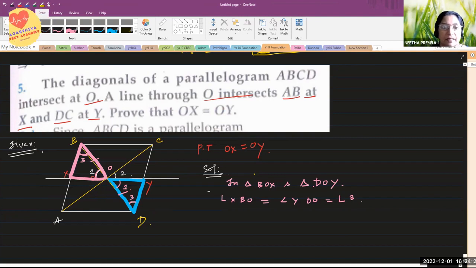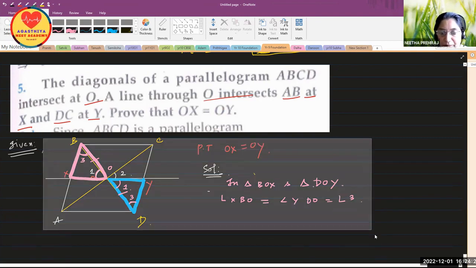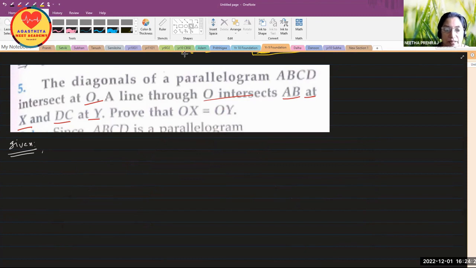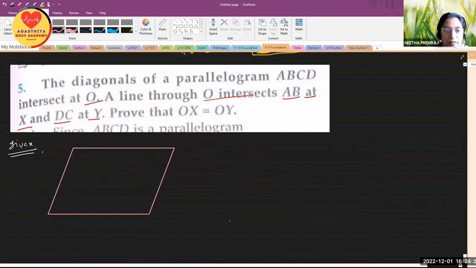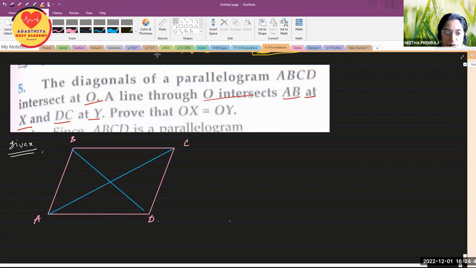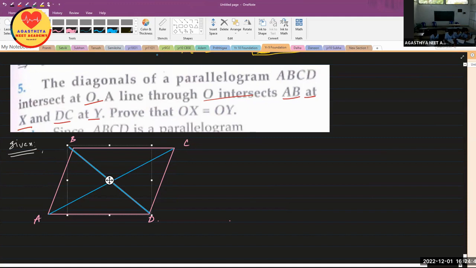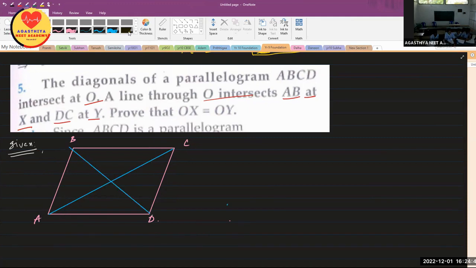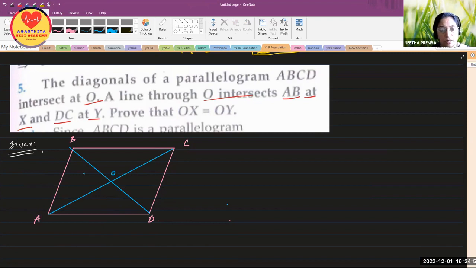Wait, let me explain correctly again. There is a parallelogram ABCD. We draw its diagonals, according to the sum, and the diagonals bisect each other at O. Then there is another line we are drawing through O. Nothing else is given, no parallel.